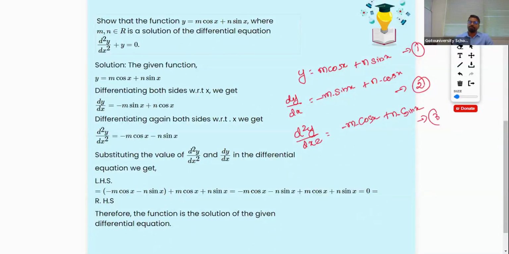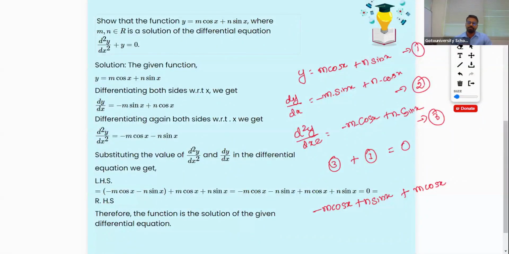That is equation 3. Now if I want d square y by dx square, I want equation 3, and if I want y, I want equation 1. It is equal to 0. What is equation 3? Minus m cos x minus n sin x. What is equation 1 saying? Plus m cos x. Okay, this is actually minus n, right?